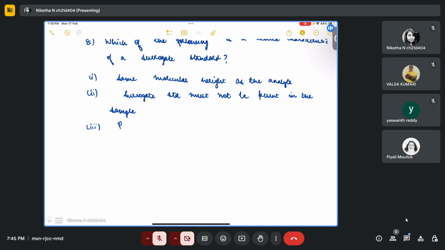Third, a surrogate standard can be a radiolabeled compound that has the same properties as the analytes of interest. And fourth, calibration of the surrogate standard is necessary to obtain the recovery of the analyte.